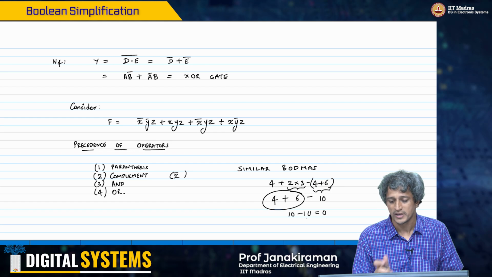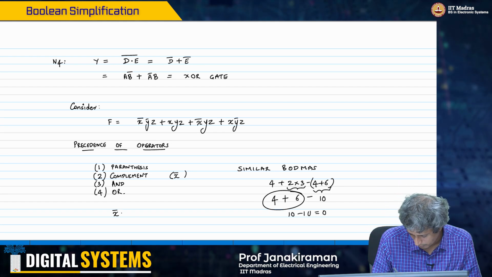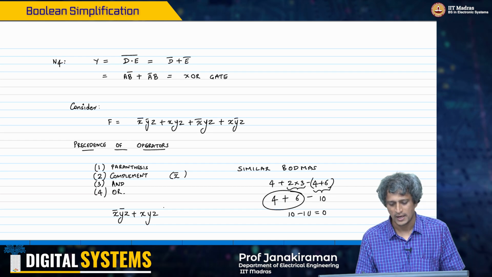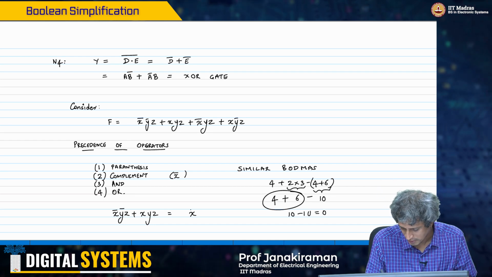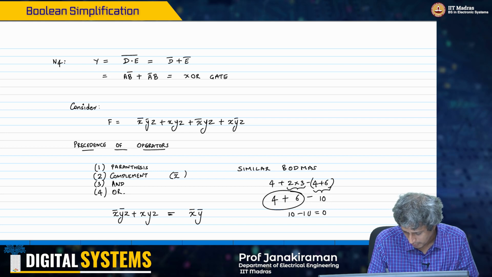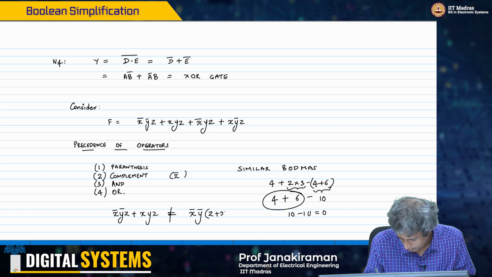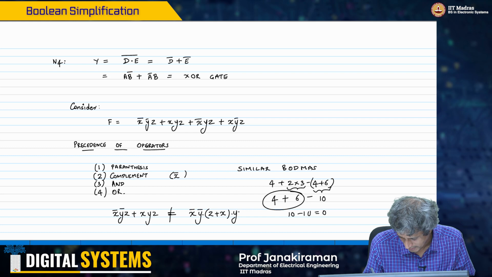Likewise, when you see this expression here, let me just take the first two terms, x bar y bar z plus x y z, right. This is not equal to x bar y bar z plus x and yz.